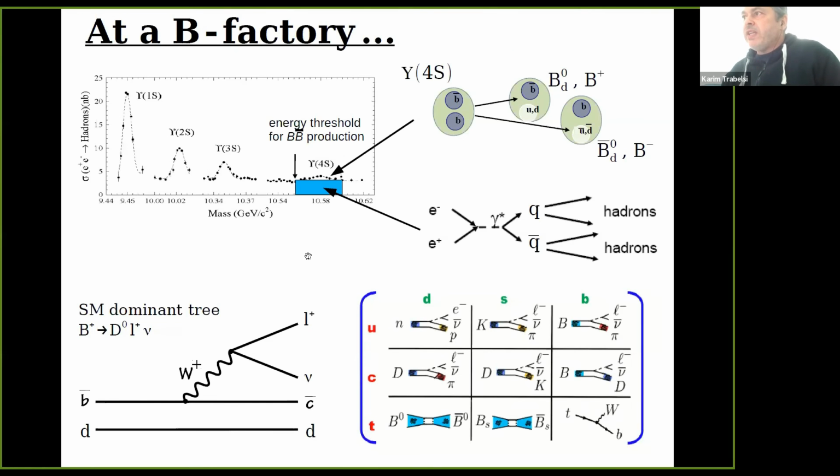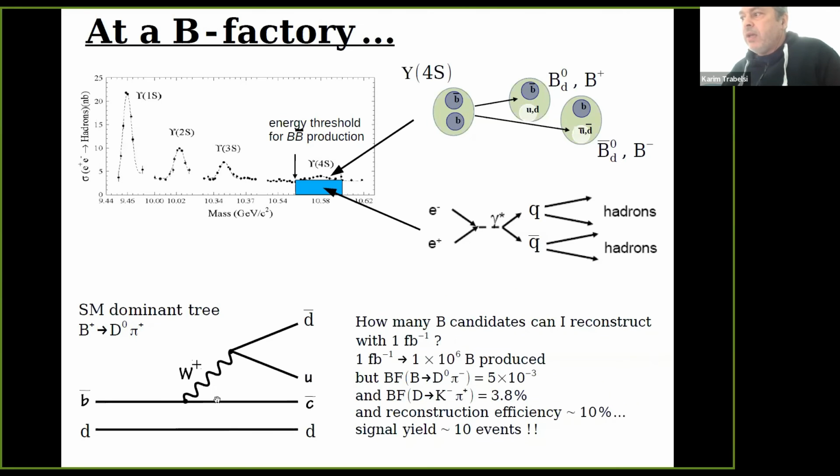And concerning the B, you will look for the most favored decays. We will talk about rare B decays later, but here I want to focus on standard model dominant tree components. So this will be, let's say, for hadronic, B to C U D, with this diagram, which will give you on one side a D, some of the D you just reconstructed, that you combine typically with one pion or a few pions here.